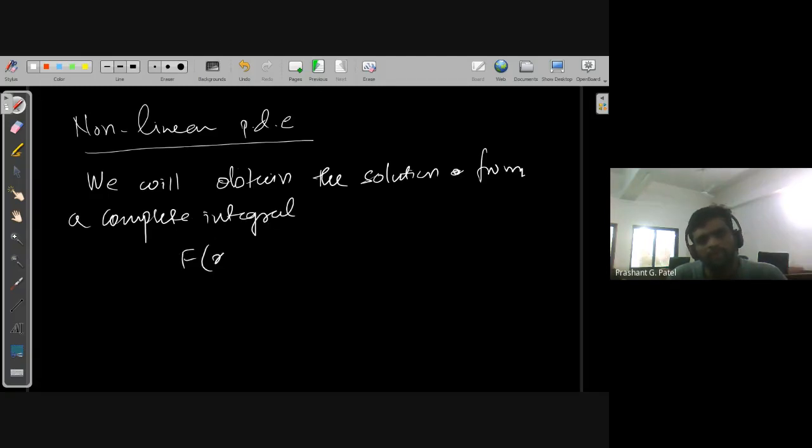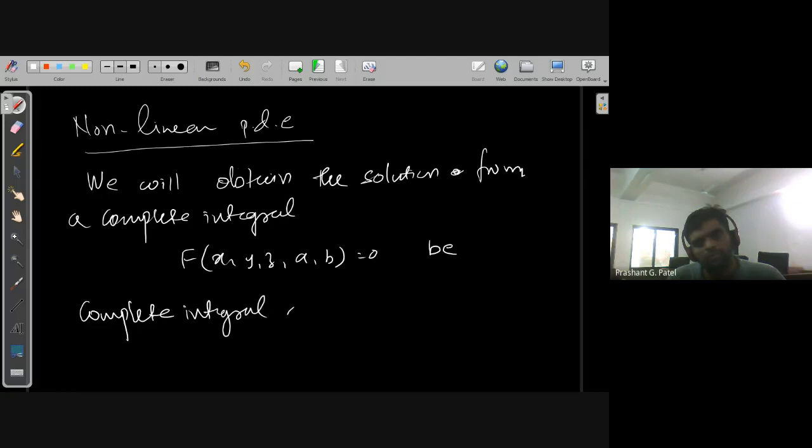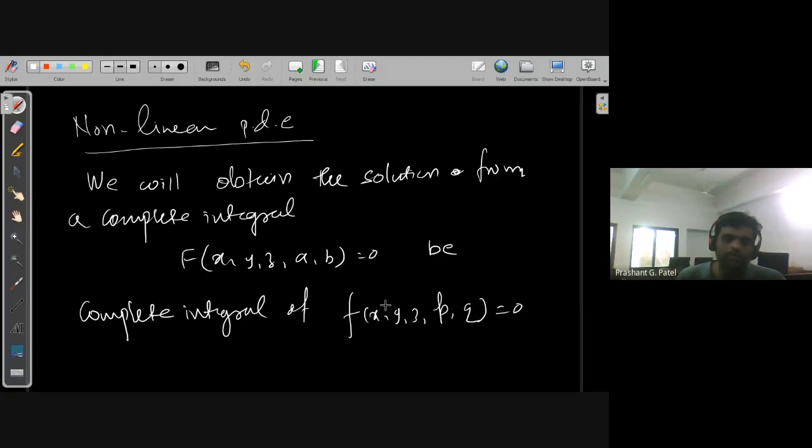Let f of x, y, z, a, b equal to 0 be a complete integral of f of x, y, z, p, q equal to 0. We are interested in finding the solution of this equation. Let me say this is equation number 1 and this will be 2.